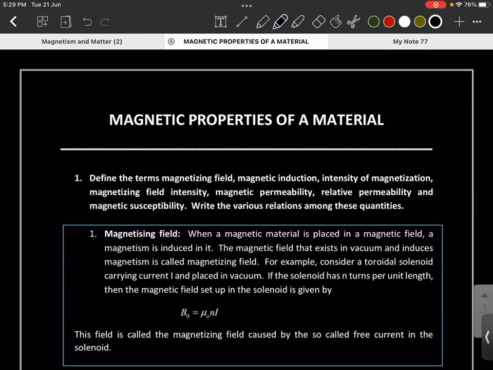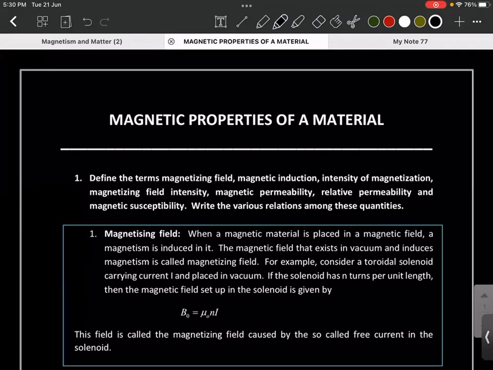So here, to avoid the confusion, the first point that I want you to note is, when you talk about a bar magnet, it is a permanent magnet, right? It is going to have the magnetic property associated with it for a longer duration. Now, when I talk about magnetic properties of a material, we are going to talk about different kinds of materials like aluminum, copper, iron.